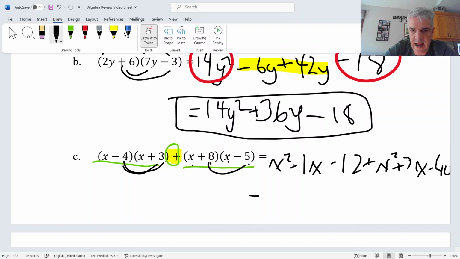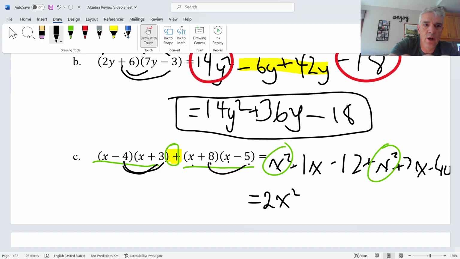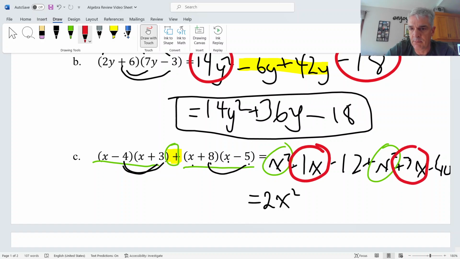You can recognize it. Now I can collect like terms. What I'll notice is that I have two x squareds. Well, x squared plus x squared is going to give me 2x squared. Then I look here and I've got two x terms. I have minus x plus 3x.